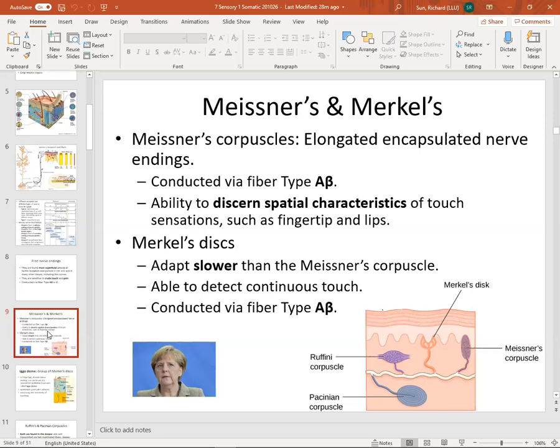But we also need some constant reminder that we are sitting, that the pressure is on us. So we need some slow adapting receptors, but we also need some faster adapting receptors. And that's why we have these two types at the same level, but different receptors.